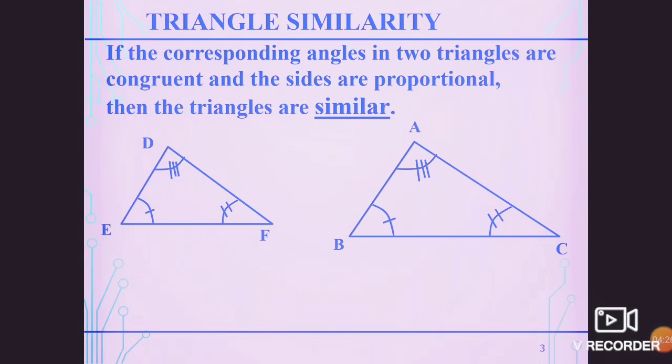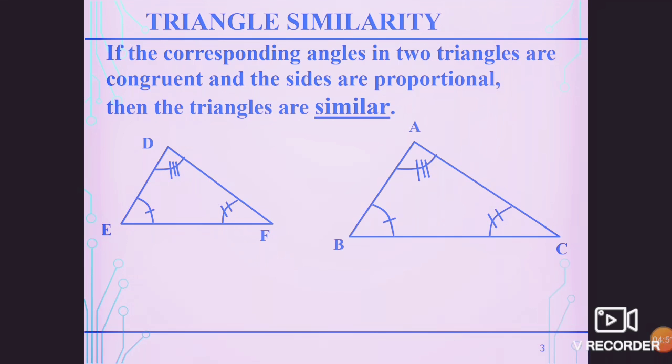When we say two triangles are similar, that means the corresponding angles in the two triangles are congruent, that means the corresponding angles should be equal. This is a very known fact from the congruency chapter. But what else do we have? And the sides are proportional.